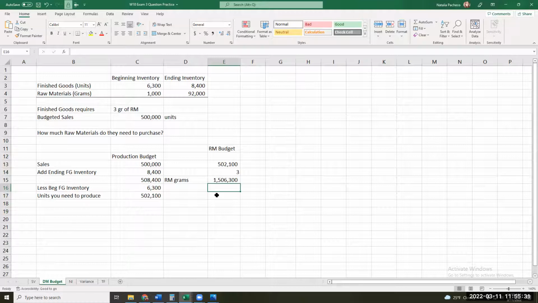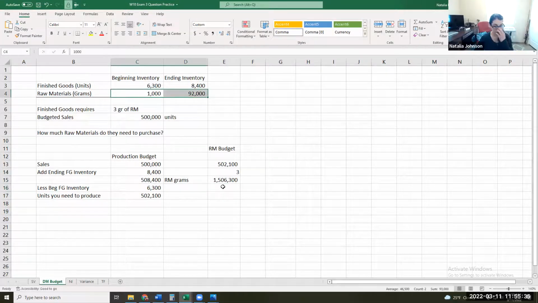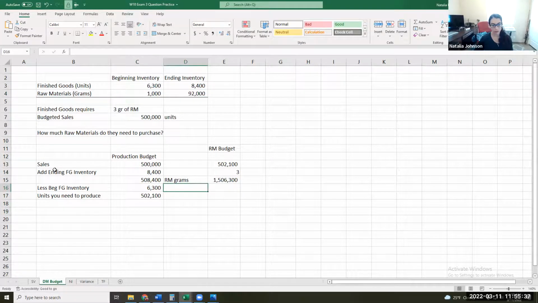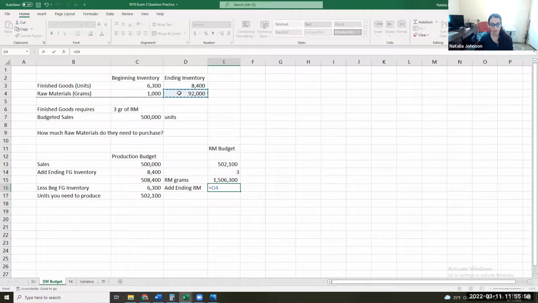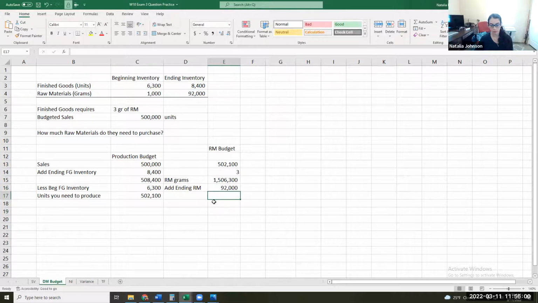What are those numbers up there under raw materials grams at the top? Right, so we're not done yet. Just like how we added the ending inventory and subtracted the beginning inventory, we're going to do the same with this. So add the desired ending raw materials, 92,000.